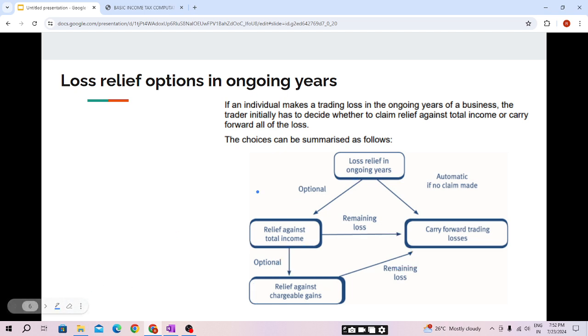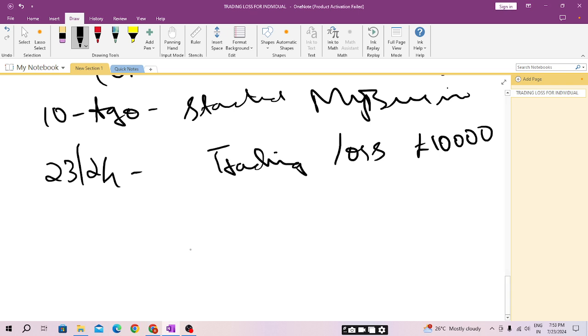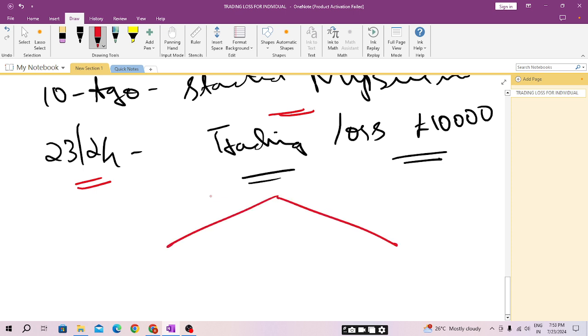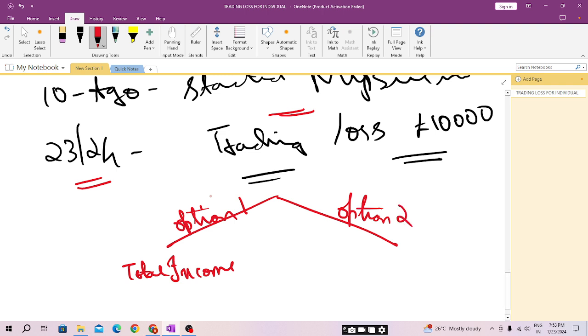I hope this flow chart is clear. Now we will be taking an example, students. The same example, the trading loss of 10,000. So this is an ongoing loss. We can claim two types of relief: option 1, against total income, or option 2. If I claim option 1, no issue.